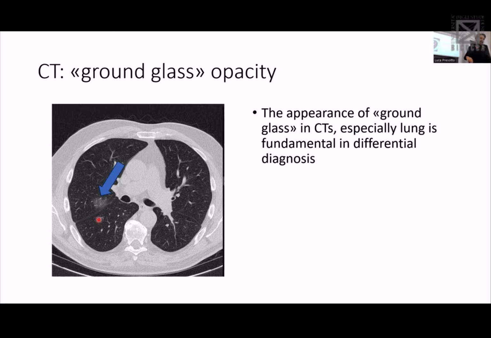As compared to the normal lung, here you have some kind of very, very fine powder-like appearance, which they say looks like ground glass, which is fun, and this is fundamental for differential diagnosis, but that's all even another question: how do you translate that into an algorithm?